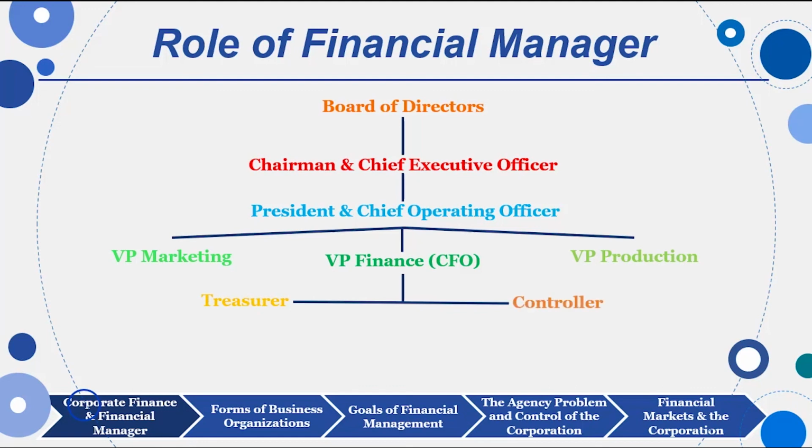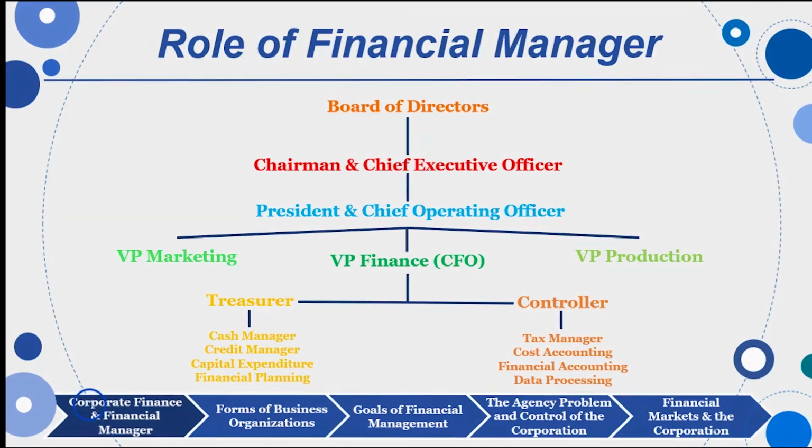What does a treasurer do all day? Worries about cash, four-letter word, cash. Also thinks about credit. Should we offer credit? And some other things may be thrown the way of the treasurer. The controller basically controls. What does a controller control? Taxes, cash, financial accounting, data processing. I'd probably move that out under a VP of IT these days. I wouldn't put it under the controller to avoid any conflicts of interest.